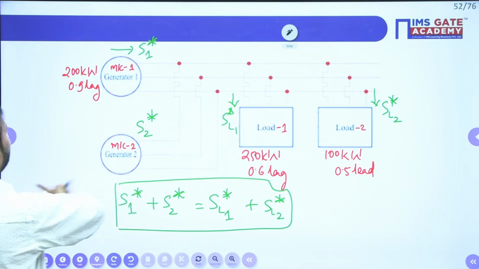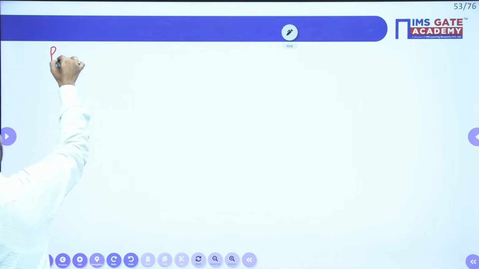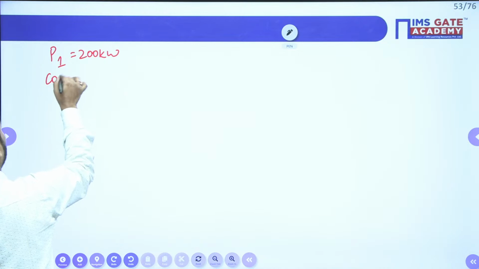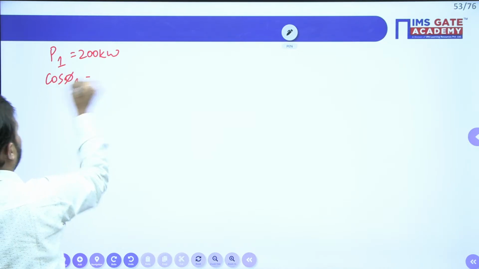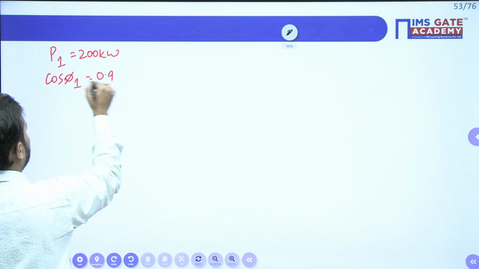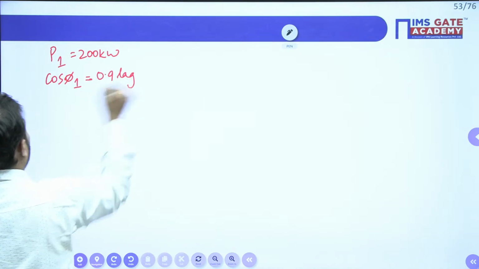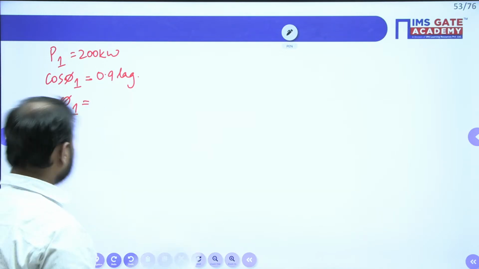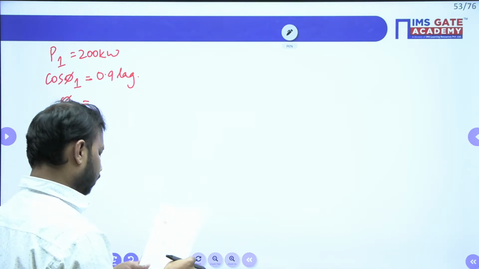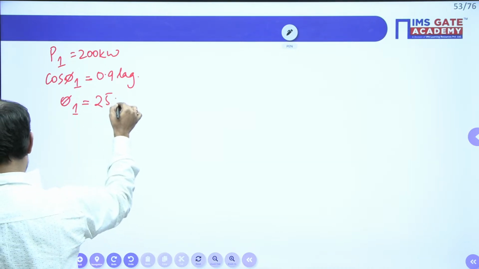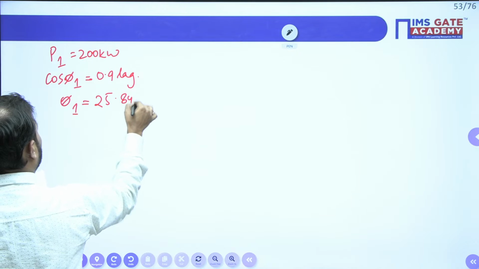For machine 1, this is P1 which is 200 kilowatt, and the power factor cos phi 1, let us take, for this machine 1 is 0.9 lag. So from here phi 1 is what? Phi 1 is cos inverse 0.9. What is cos inverse 0.9? This is 25.842 degree.